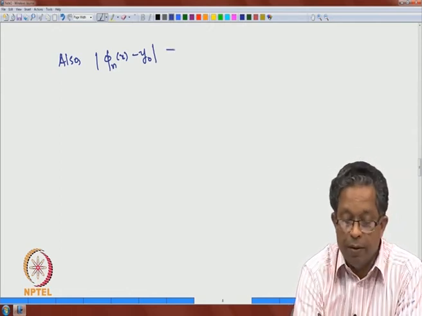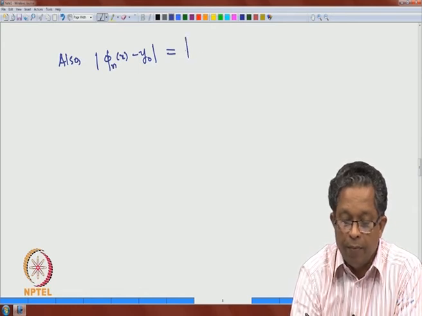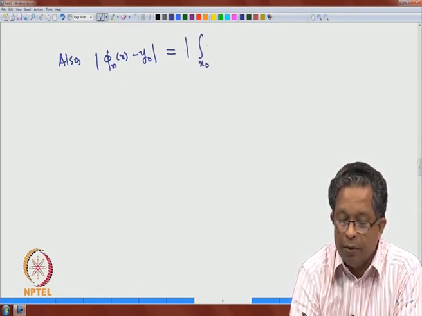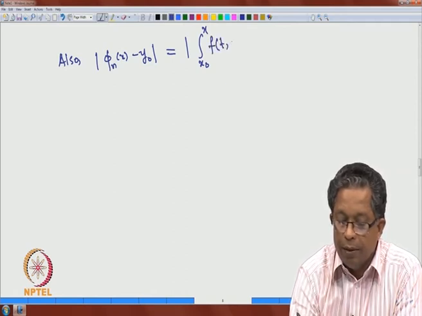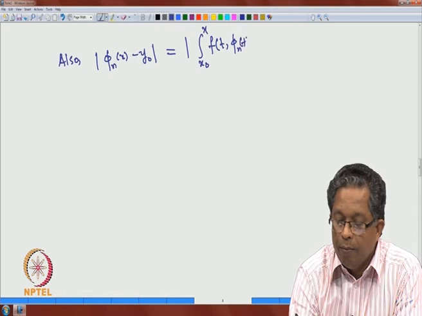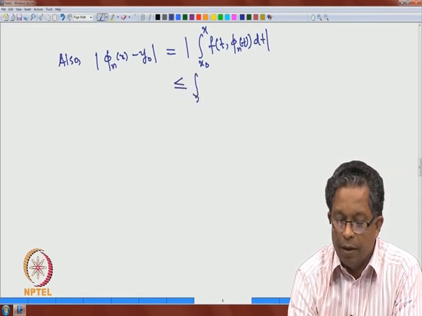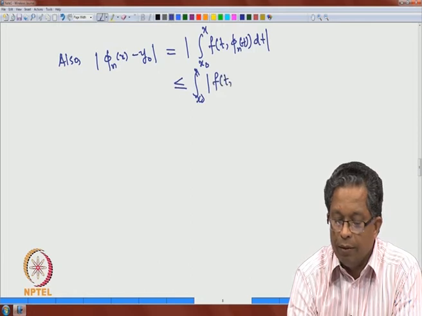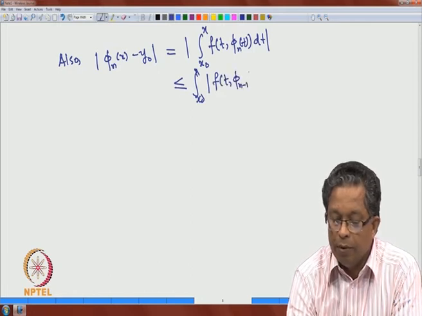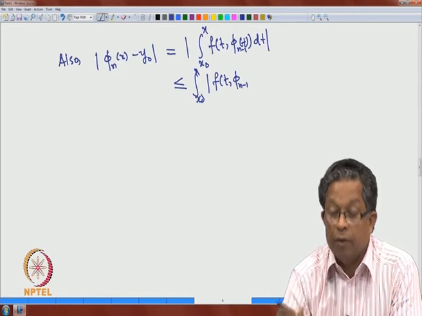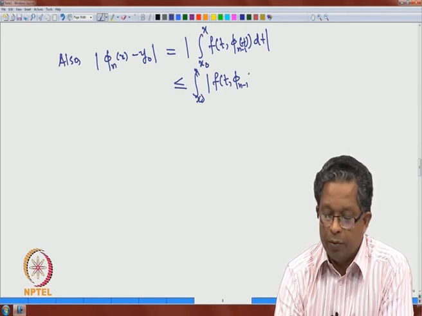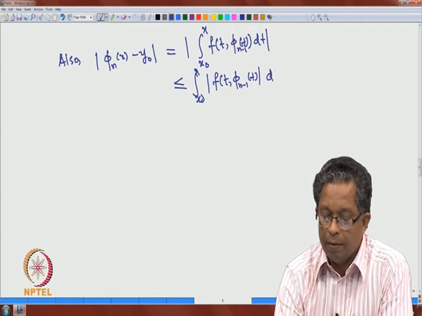By definition, this is the absolute value of the integral from x0 to x of f of t, phi n minus 1 t dt, and this is less than or equal to the integral from x0 to x of the absolute value of f of t, phi n minus 1 t dt.